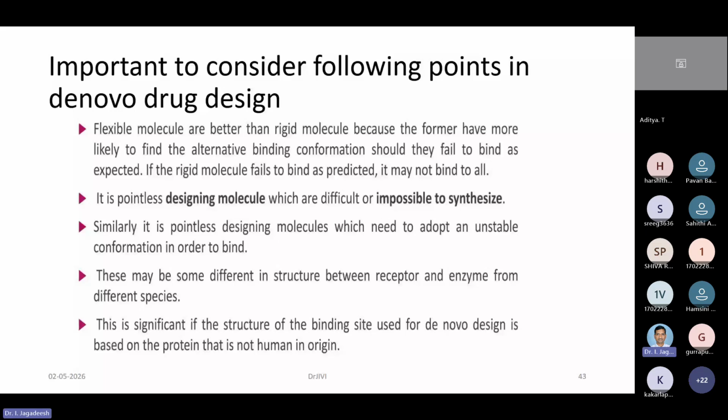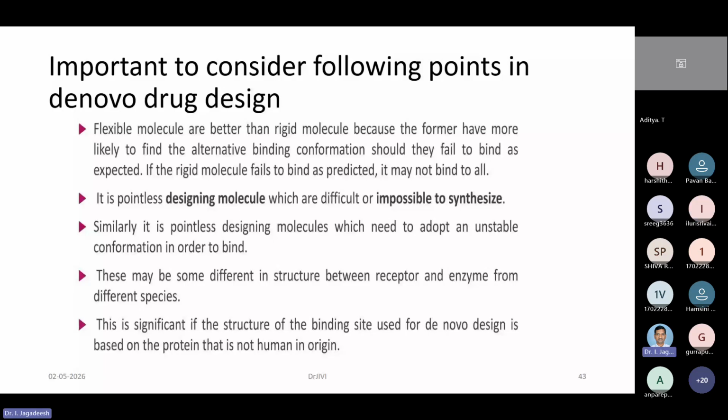Flexible molecules are better than rigid molecules. This is the first thing we need to consider. Whenever we take the dipole-dipole interaction, that will change with the distance between the interaction site and the molecule. So when we rotate our drug molecule inside the pocket through 360 degrees, the distance will alter, and charges and force fields will also alter.